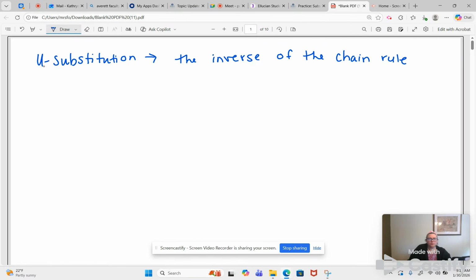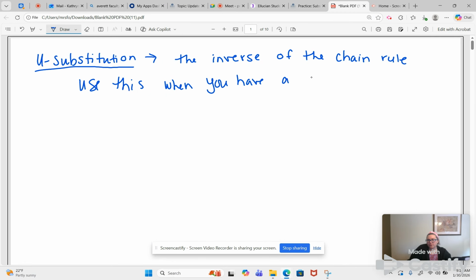This is like the opposite of it. When you differentiate a composite function, you use the chain rule. Well, when you're integrating a composite function, you use u substitution. So, you use this when you have a composition.